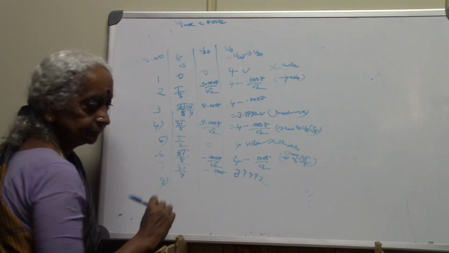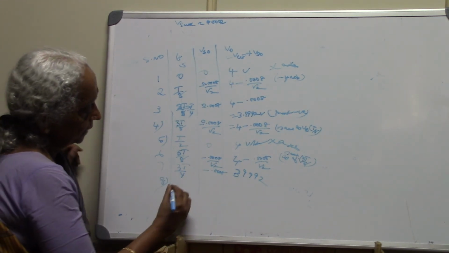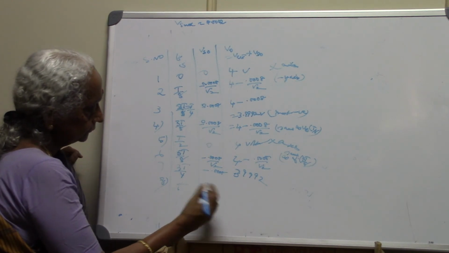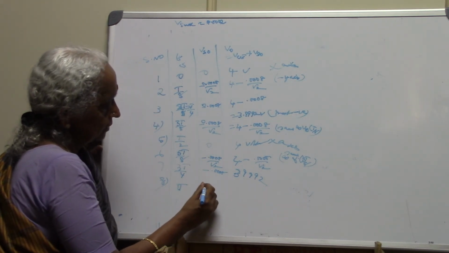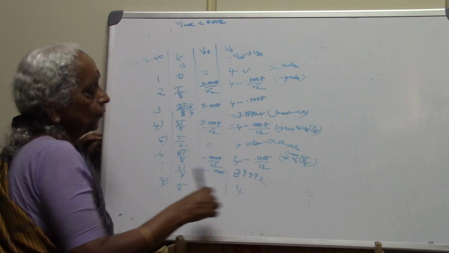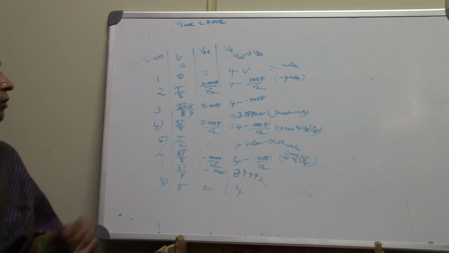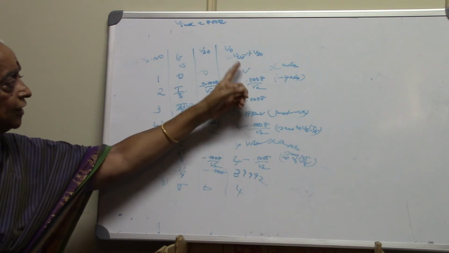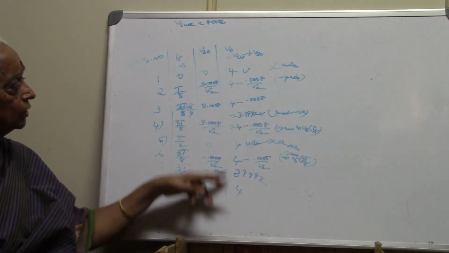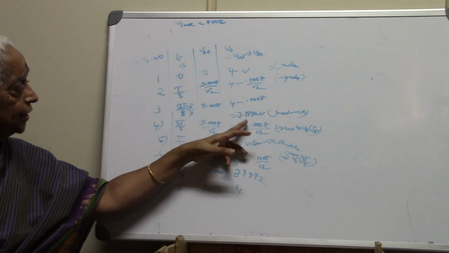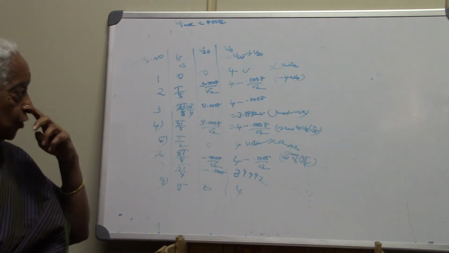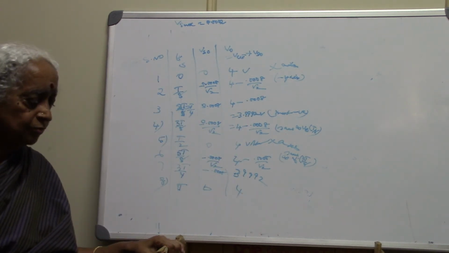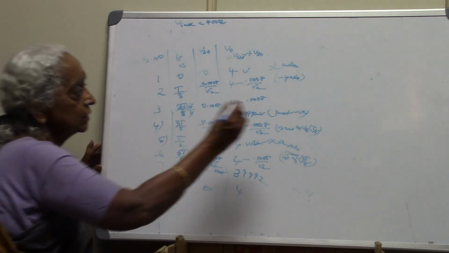The 8th one will be T, that will be 0, it will be 4. So it varies from 4 to 3.9992, 4 minus 0.0008 by root 2, and so on.